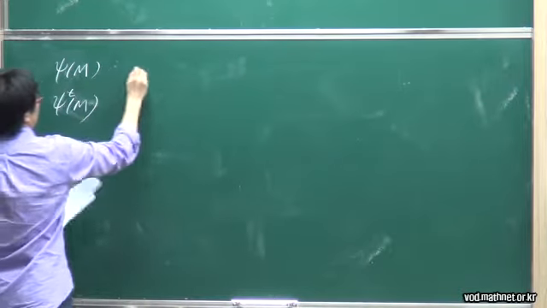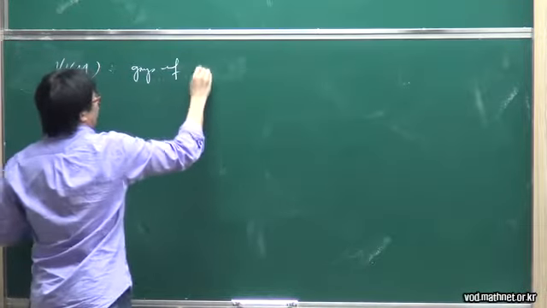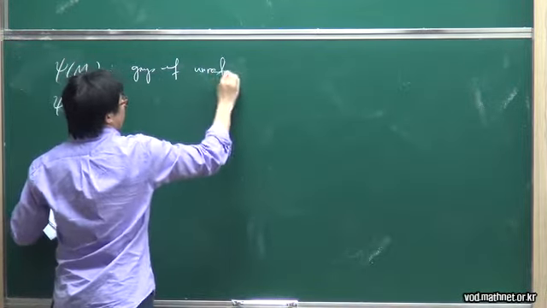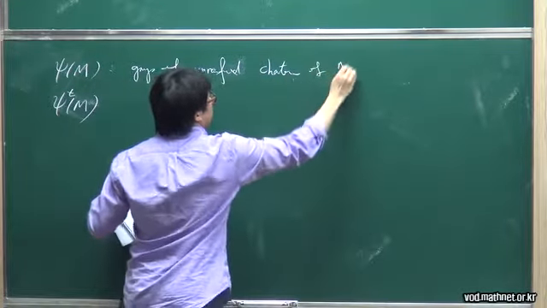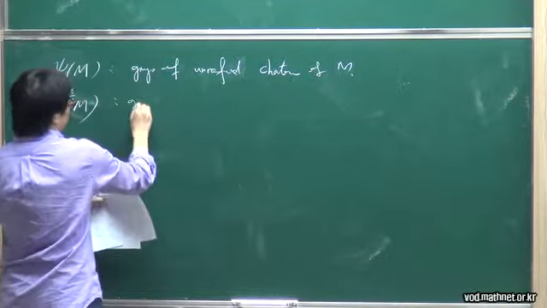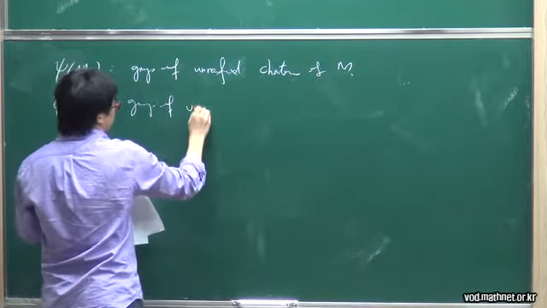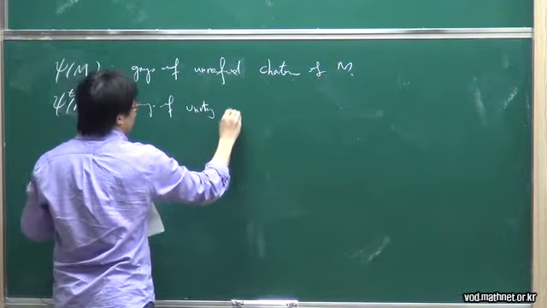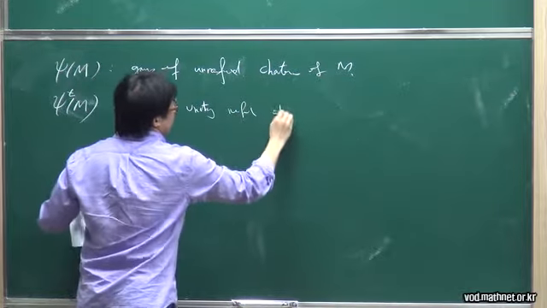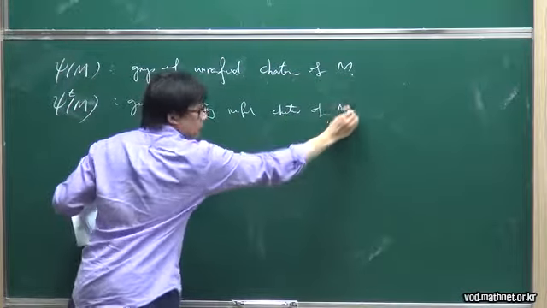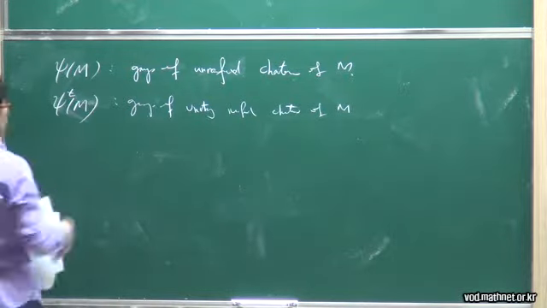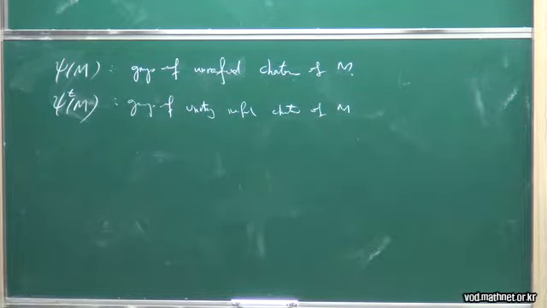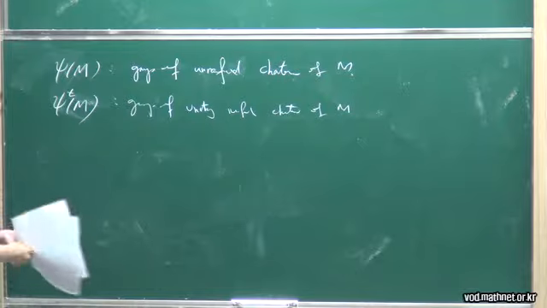T is the group of unramified characters of M, and this is the group of unitary unramified characters of M. In fact, we can classify these two groups by using the Langlands duality, the Langlands dual group.